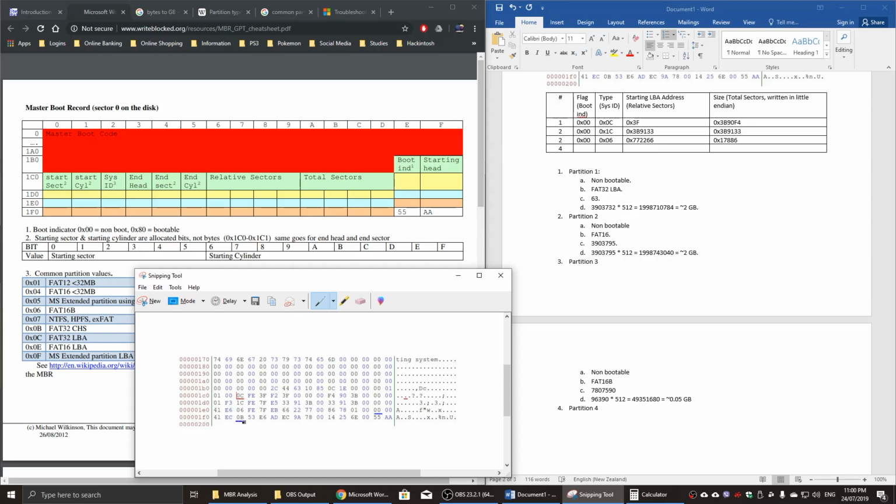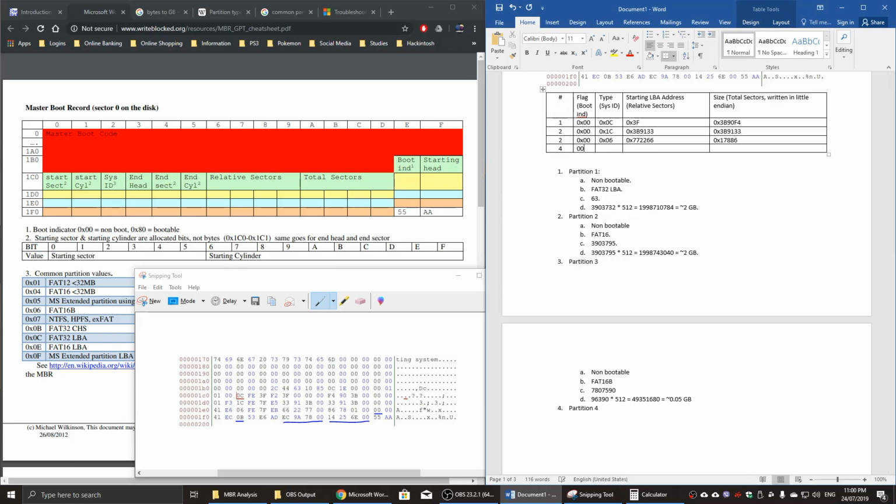That, and there. So the boot indicator is 00. The system ID is 0x0b. The relative sectors is 0x00789AEC.